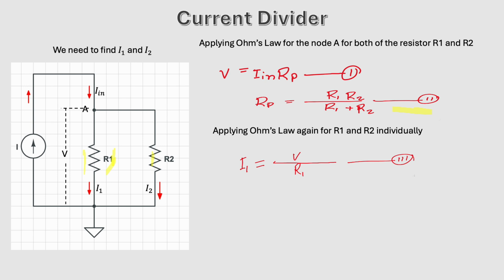So I1 is equal to V divided by R1 according to Ohm's law. I put this as equation number 3. And for R2 we get the value for I2 is equal to V divided by R2. I put this as equation 4.